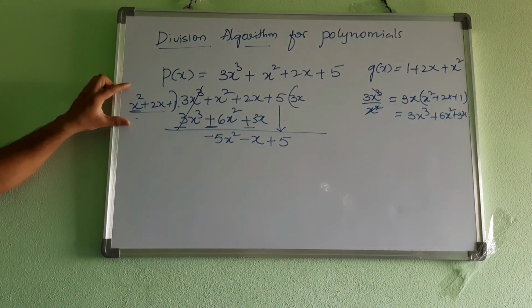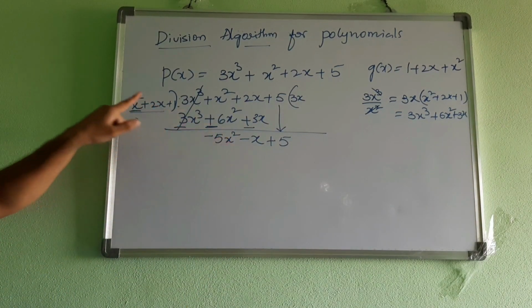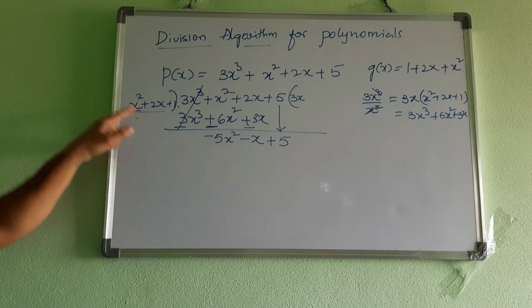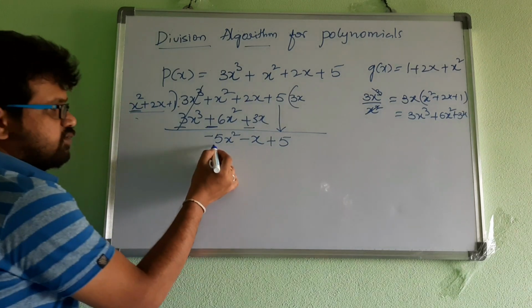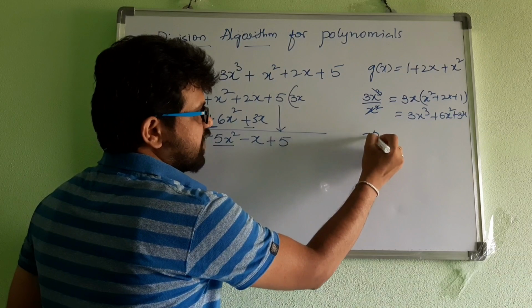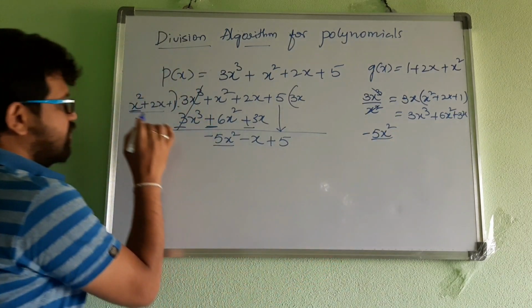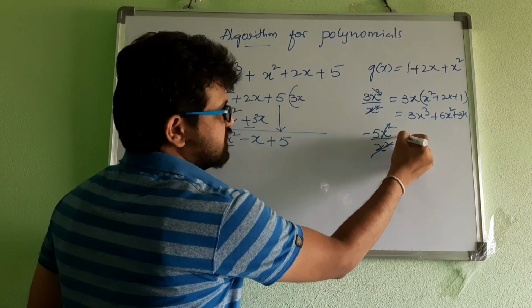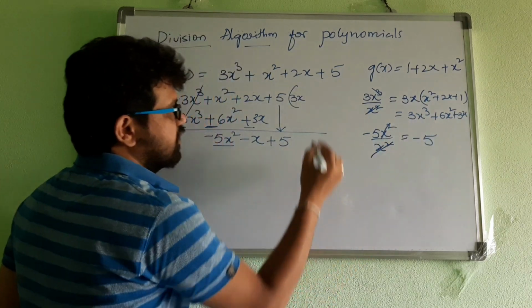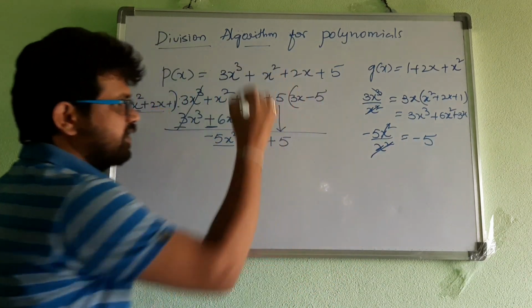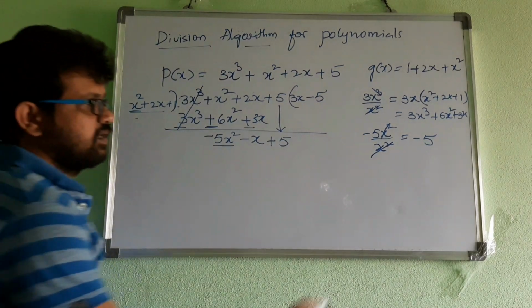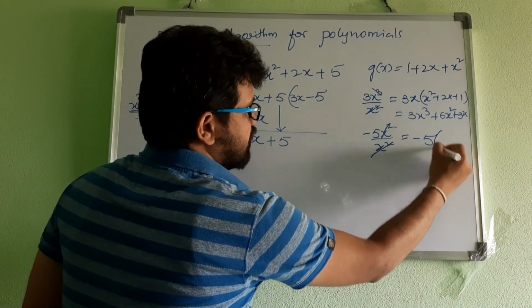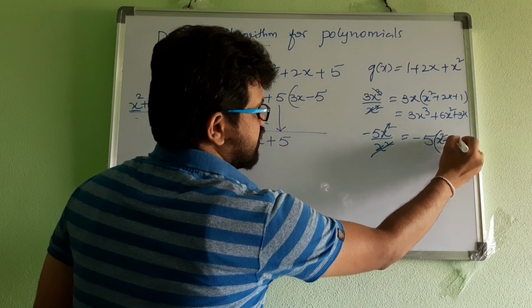Again follow the same steps. Here the degree is 2, so we can follow one more step. Take the first term, minus 5x square, and divide by x square. x square cancels, we get minus 5. With this minus 5 you multiply x square plus 2x plus 1.